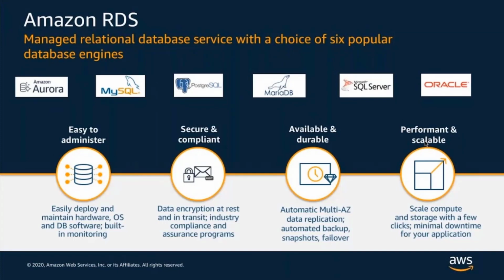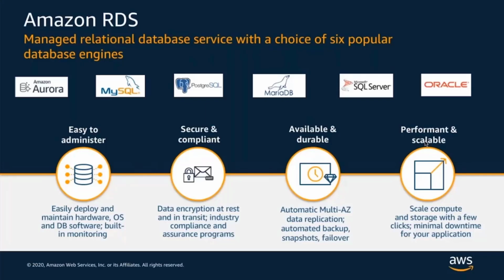Let's start with a bit of background for those not familiar with Amazon RDS service. We launched RDS service more than 10 years ago. It was built by AWS as a way to help customers reduce the complexity in supporting critical transactional applications by making it easy to set up, operate, and scale a relational database in the cloud.